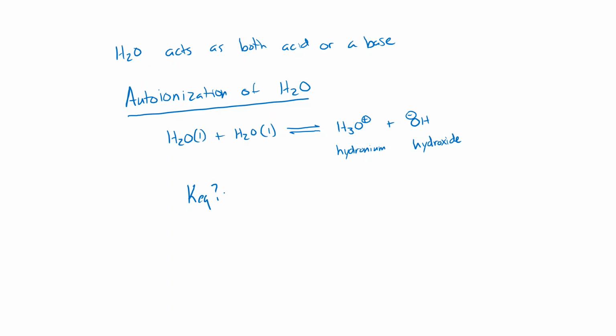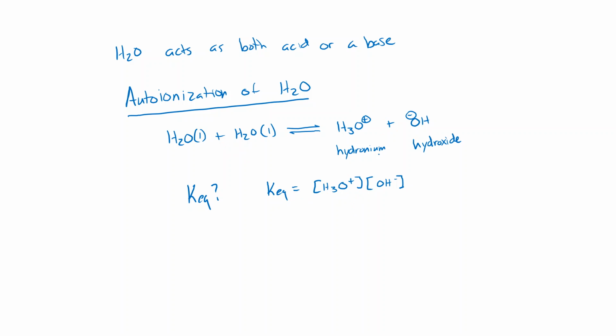So you reach back in your mind to the previous weeks and you remember that KEQ comes from putting the products over the reactants, and so our products are the concentration of H3O plus times the concentration of OH minus. And now the reactants are liquid water, and so we can ignore those. Right? And so those don't factor into our overall equation.